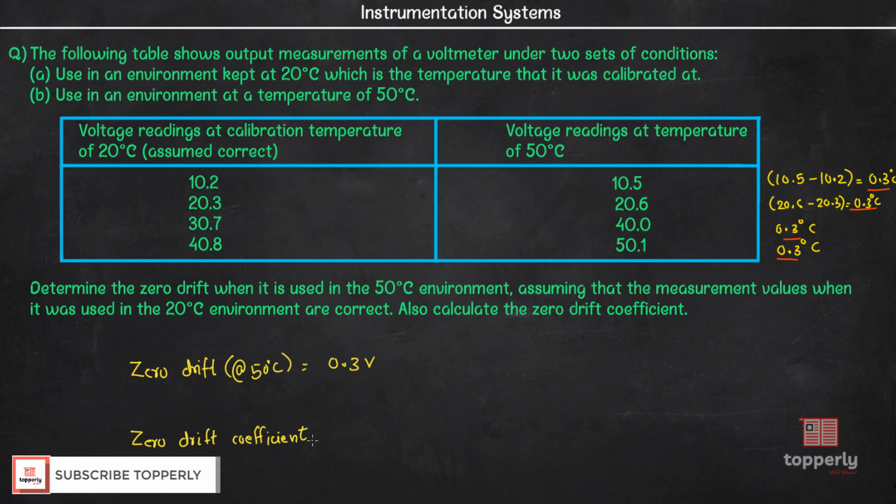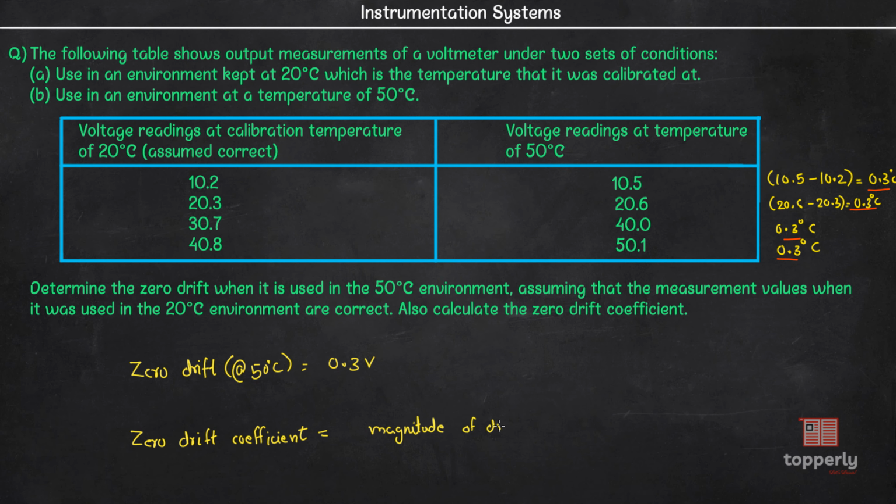Zero drift coefficient is the ratio of the magnitude of drift to the magnitude of temperature change causing the drift. That is, magnitude of drift divided by magnitude of temperature change causing the drift.